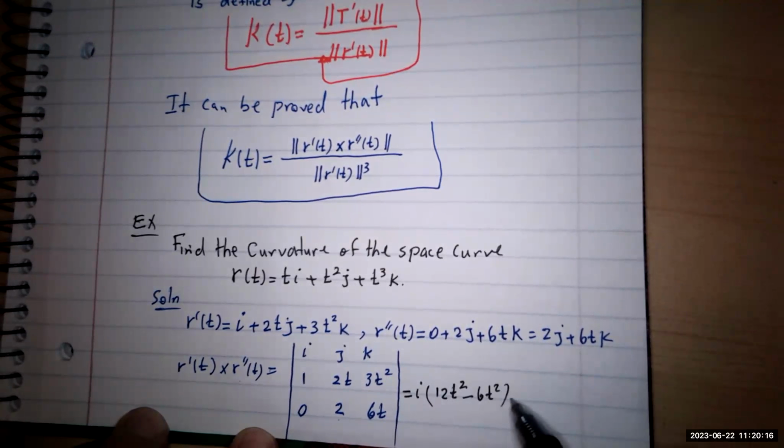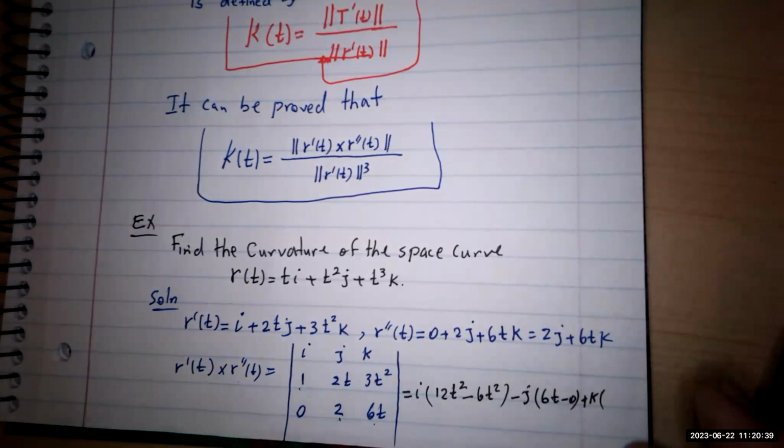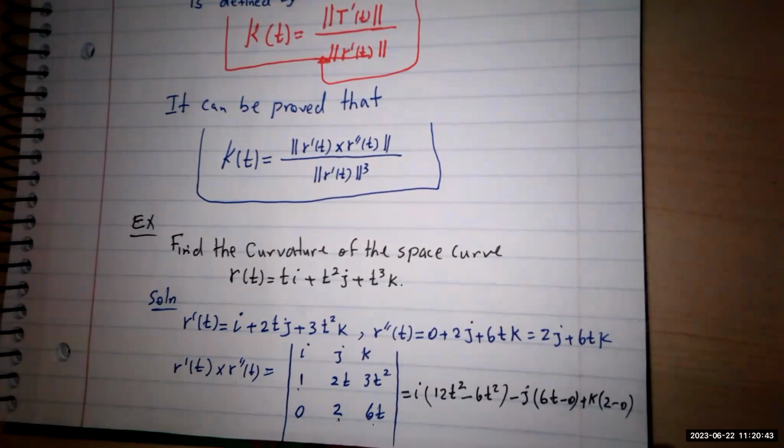Then minus j times, eliminating the first row, second column: 1 times 6t is 6t, minus 0. Then plus k times, eliminating these two, 1 times 2 is 2, minus 0.